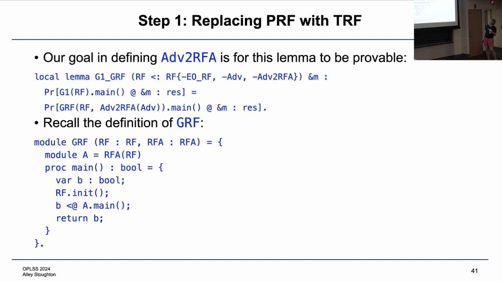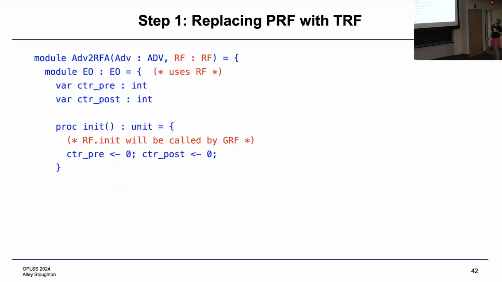The way to think of it is really simple: the random function game is initializing the random function, and then it's giving this thing here the chance to experiment with it. G1 is initializing the random function as well, and then doing all the stuff that we saw in G1. So basically, all we have to do is take what G1 of RF did apart from the initialization and stick it into AVtoRFA.